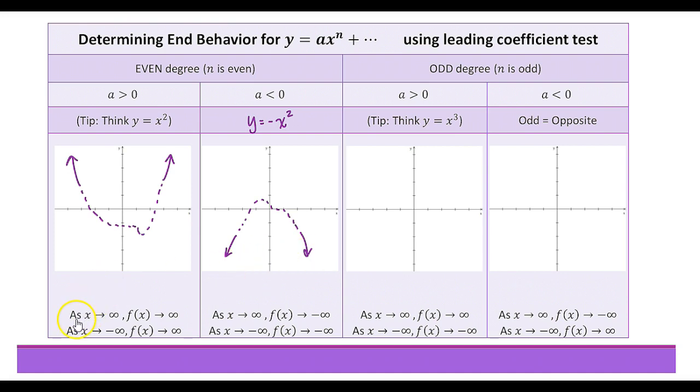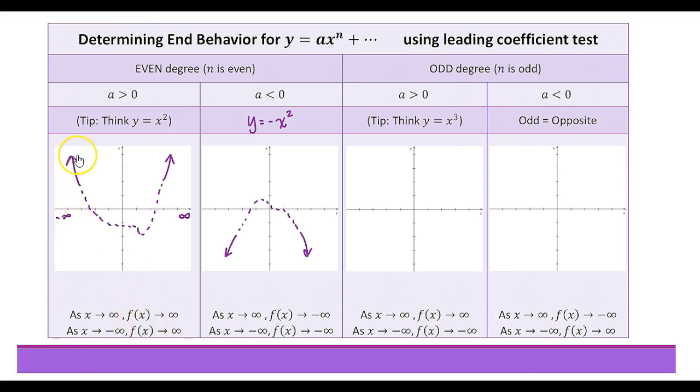So to describe what is happening using an alternate notation, what we're saying is that as x values are going towards positive infinity, so positive infinity on the x-axis, f of x values, those are y values, are going to positive infinity. And as x values are going towards negative infinity, what is happening to f of x?